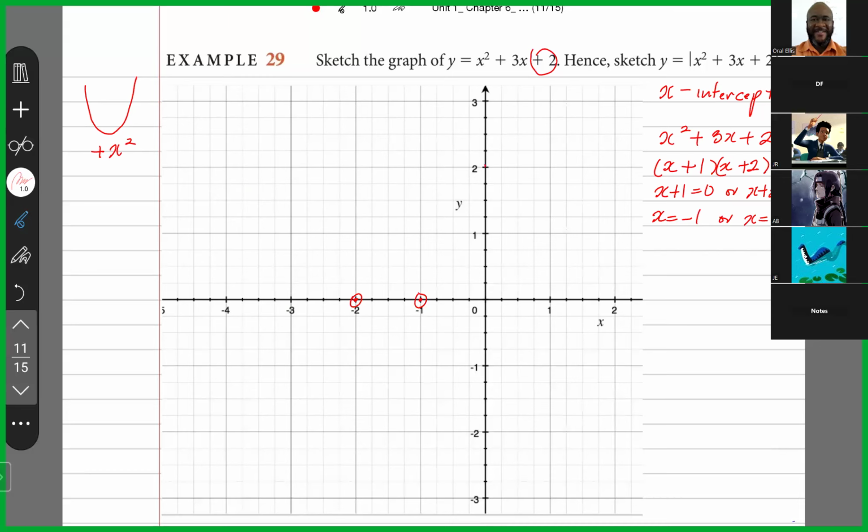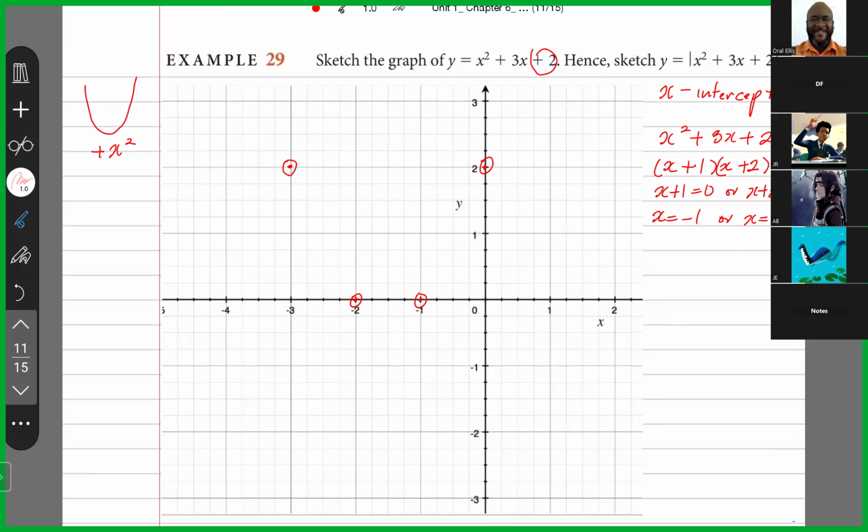So the graph is going to cut the y-axis here. Another important point, we could also say that a point over here is also going to be on the graph, and that is because the parabola, which is the graph of a quadratic function, is a symmetrical function.